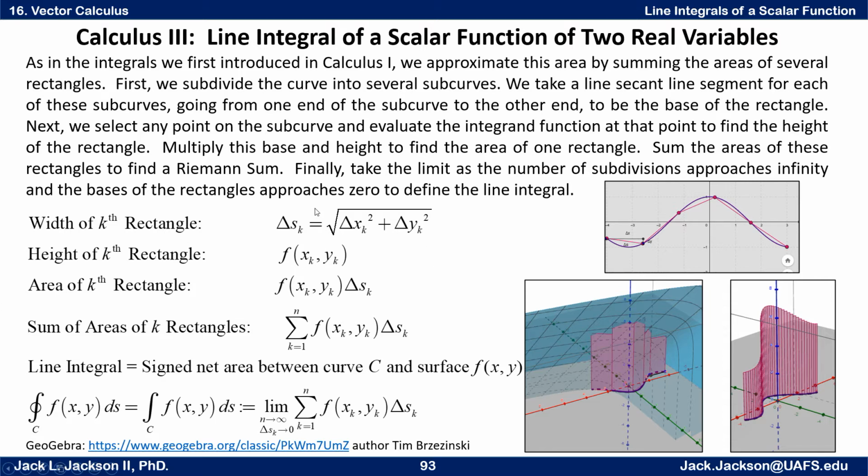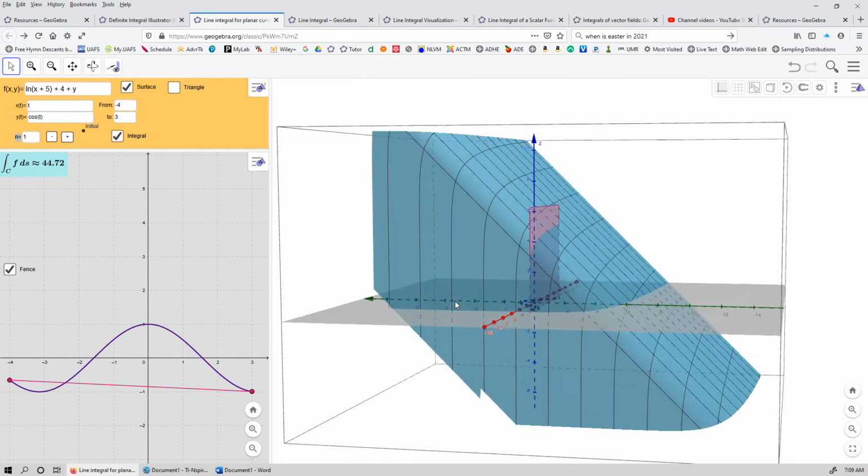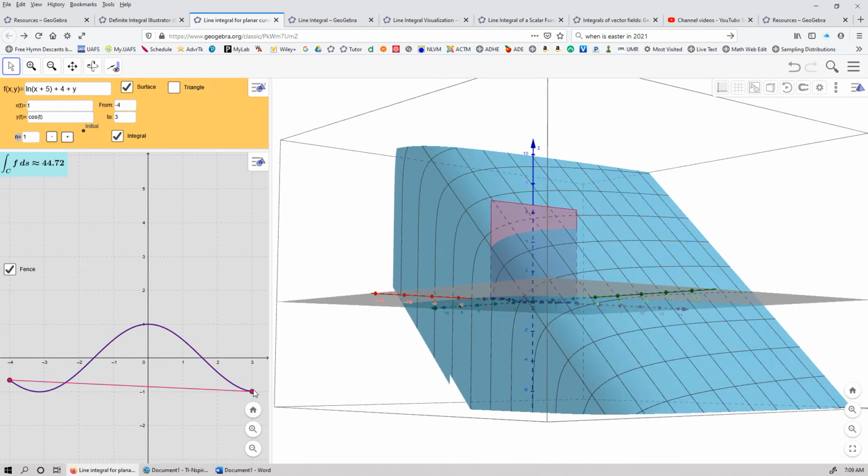Let's go back. I could start by, I'll go back to here. We could start by approximating with a rectangle, and that's with the line segment going from here to here. But we'll probably want more than that. Let's put about 3 rectangles to get us started.